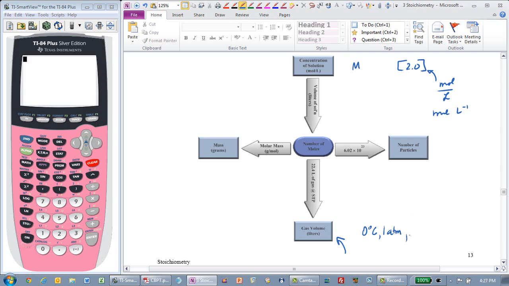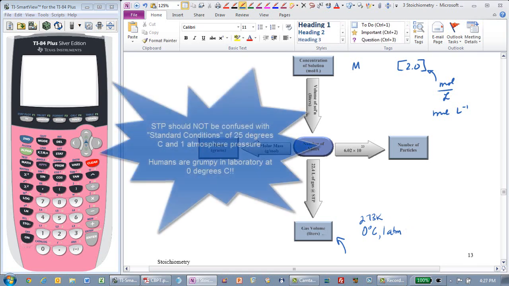And then standard temperature, again I said 0 degrees Celsius, but that could also be reported as 273 Kelvin. So at STP, if I've got the amount of gas in liters, then I simply divide going against the arrow by 22.4.